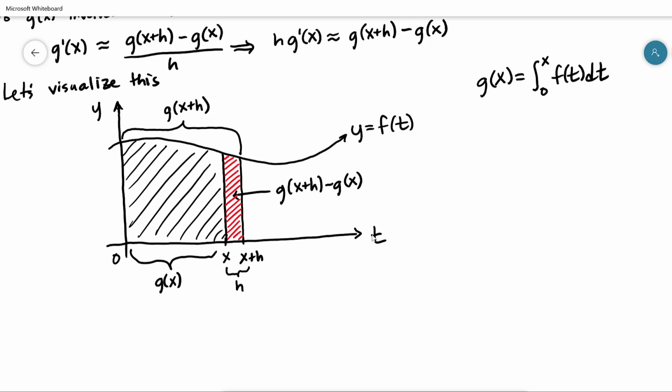Okay, so this is what we're looking at right now. What is that area approximately equal to? The area of that region in red is approximately equal to a rectangle with a height of f of x and a width of h.